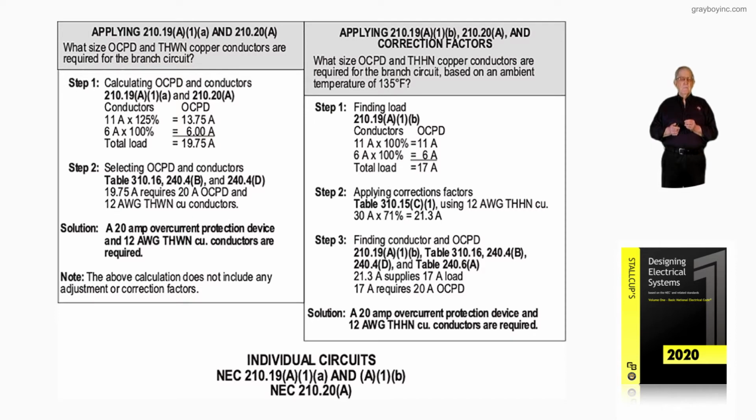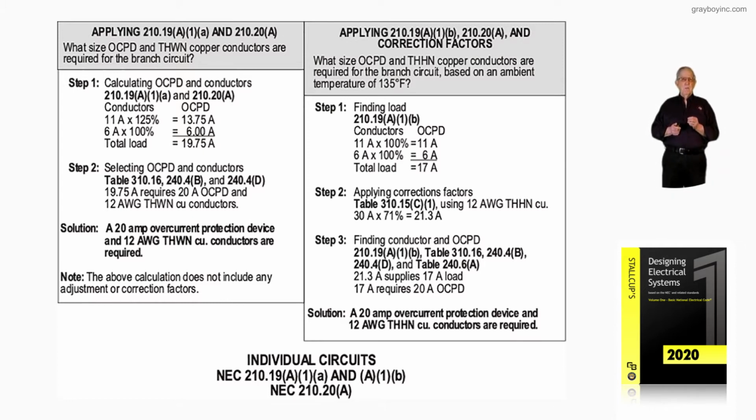Now, step two, table 310.16, along with the requirements of 240.4(B) that allows rounding up procedures, and 240.4(D) that classifies small conductors as number 10, 12, 14, 16, and 18 when reviewed.